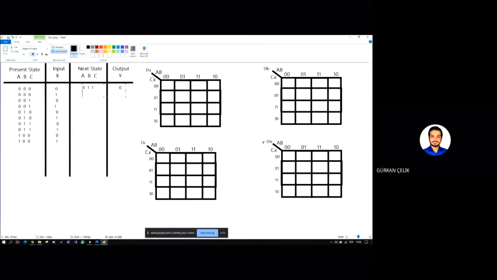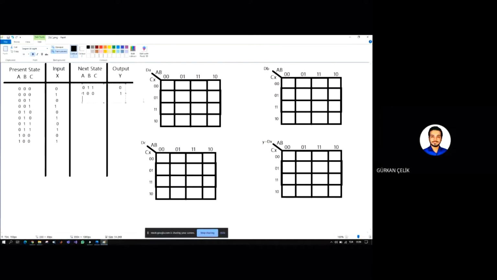So if the state is 0 0 0 and the input is 1, then the next state should be 1 0 0, right? And then the output should be 1, right? Then shouldn't the present state be 0 1 1? Just follow the bottom-most 0 0 0 circle.